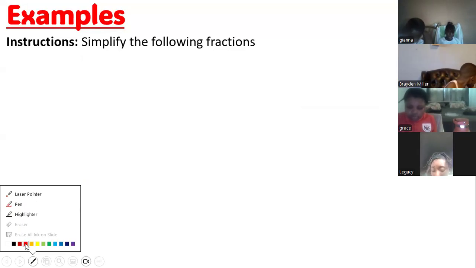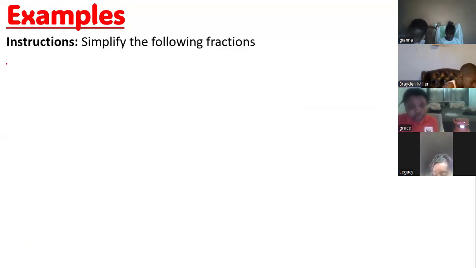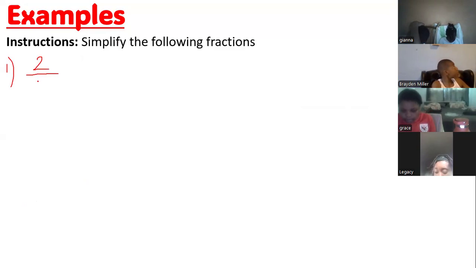Okay, so let's begin with number one. Let's say I give you the fraction 2/4. What number can go into both 2 and 4 without leaving a remainder?